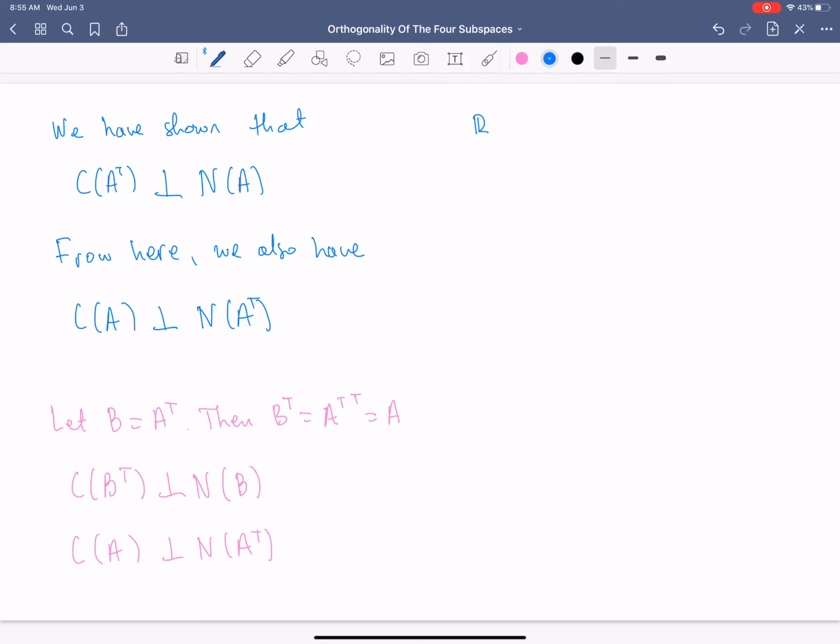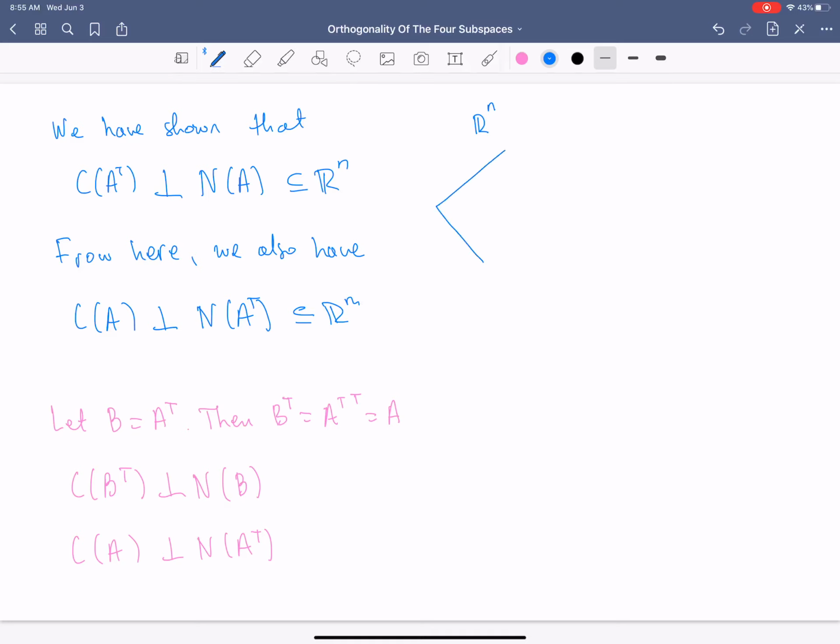So the row space and the null space are subspaces of Rn, whereas the column space and the left null space are subspaces of Rm. So here I have the picture of Rn.